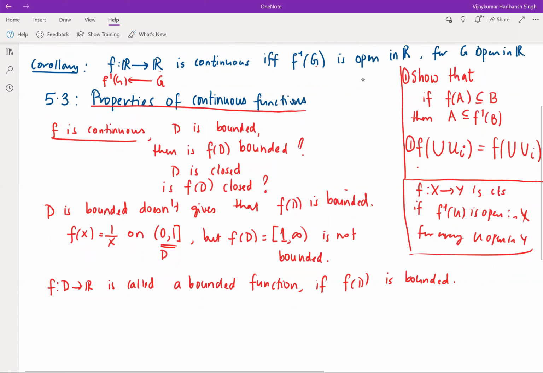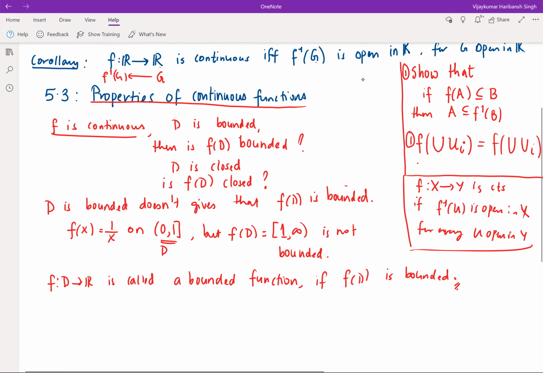So that's the story. Similarly, you can think about whether, if D is closed, f of D is closed. That's a good exercise to think about. So one should ask the question, what are the properties of D which are preserved under a continuous function f?